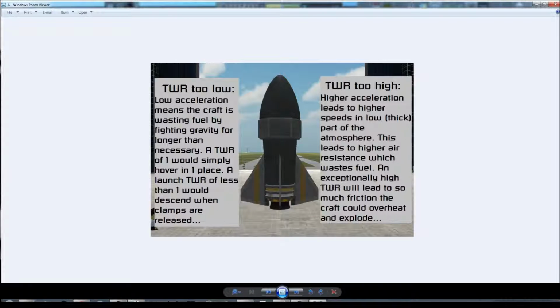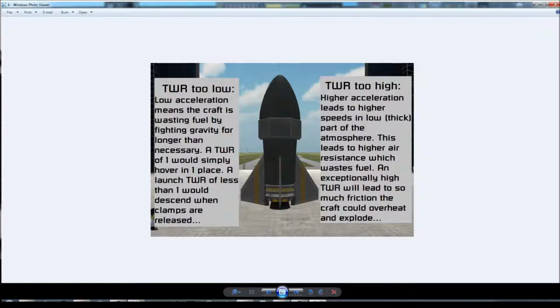So if your thrust to weight ratio is pretty much 1, then you are wasting a lot of fuel just hovering, just fighting gravity. If your thrust to weight ratio is less than 1, then as soon as we release the clamps, the rocket's going to go downwards. That would not be good. You will not go to space that way.